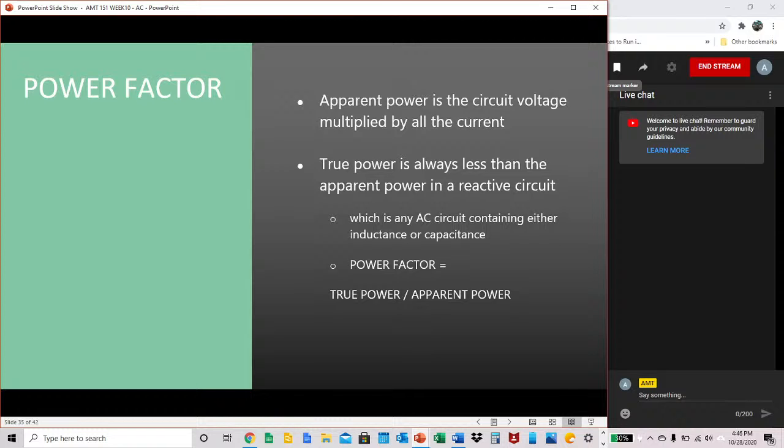And we have a formula for our true power over our apparent power. So you might see in your study guide or on your test a question like, calculate the power factor given true power is a certain value and apparent power is a certain value.